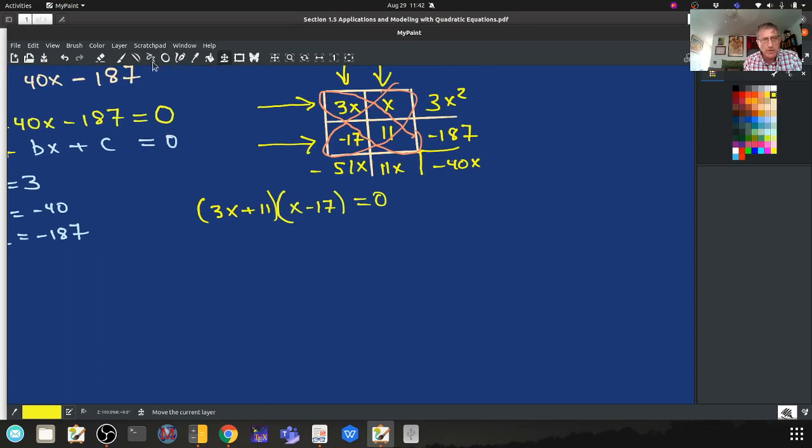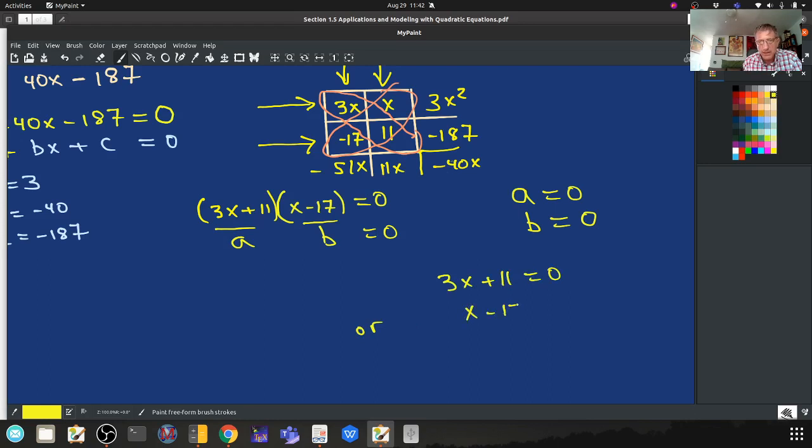So we're going to solve this using the zero value theorem. So this is a times b is equal to 0. We have a theorem that says if a times b is equal to 0, then a is equal to 0 or b is equal to 0. So that means 3x plus 11 is equal to 0, or x minus 17 is equal to 0.